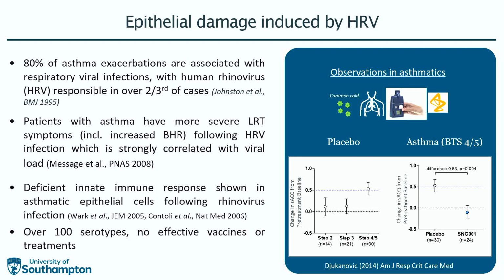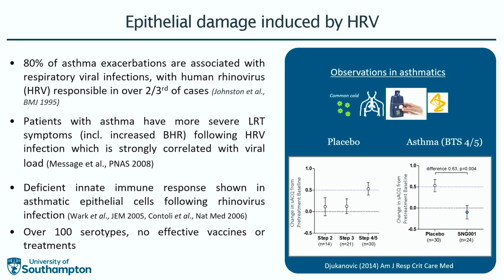On the left-hand side is the severity of asthma on the x-axis, where step 2 is mild, step 3, and steps 4 and 5 are severe disease. We see a change in asthma control questionnaire when patients have acquired a natural rhinovirus infection. What this study did is, within 24 hours of patients having symptoms of a viral infection, they were brought in and given inhaled interferon.